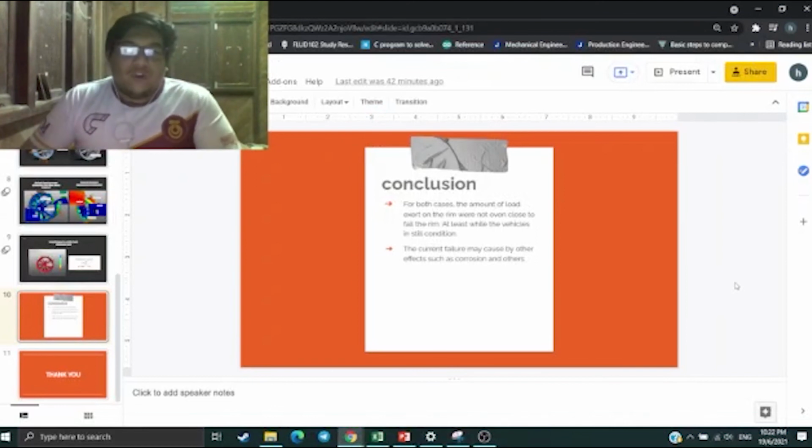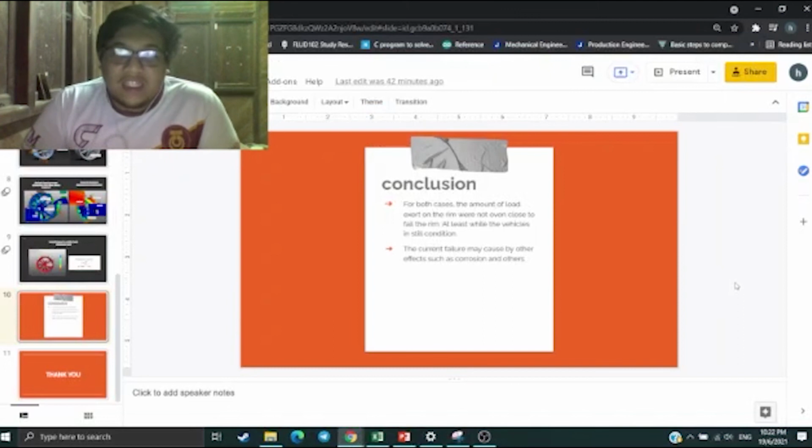So as for the conclusion, for both cases, the amount of load exerted on the rim is not even close to making the rim fail, at least while it is not moving and not causing the load to be much higher.